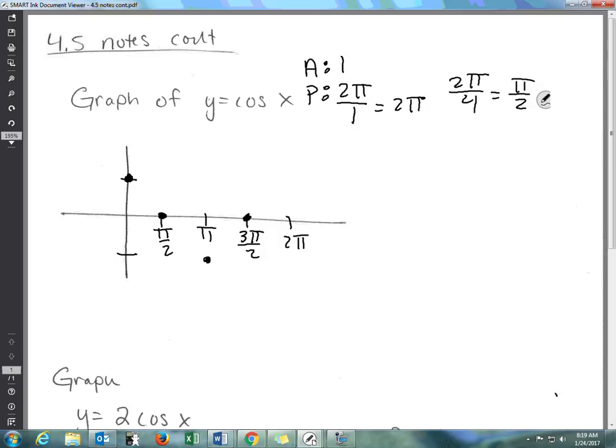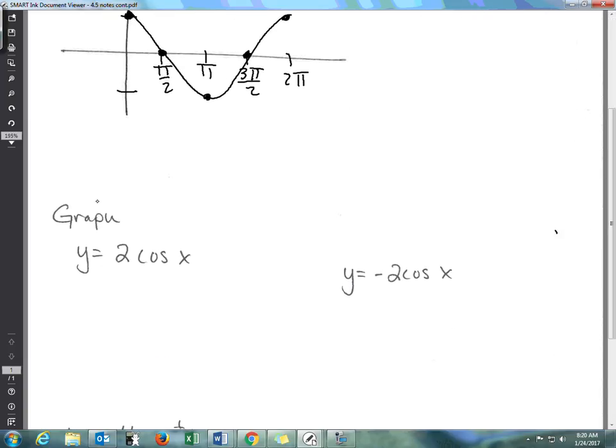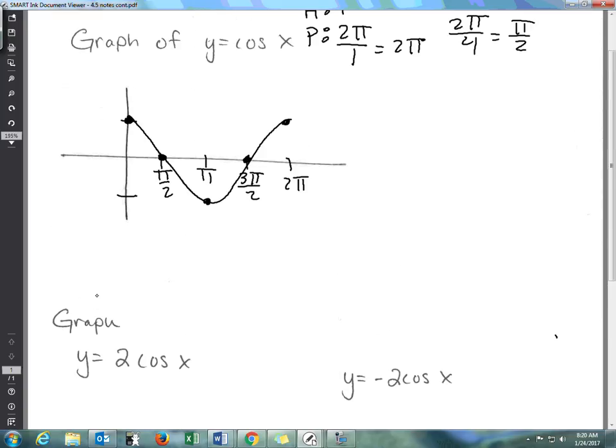And at 2 pi, it comes back to your original A where you started, and it would continue on down the x-axis if you continue to graph. So if you connect, it would look like that, right? And you just keep going. Now, your homework problems are going to be a variation of y equals cosine of x.